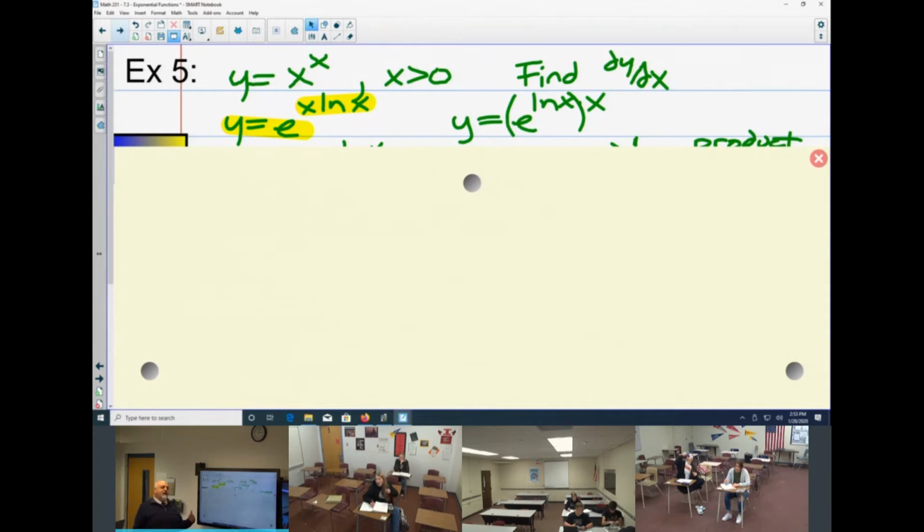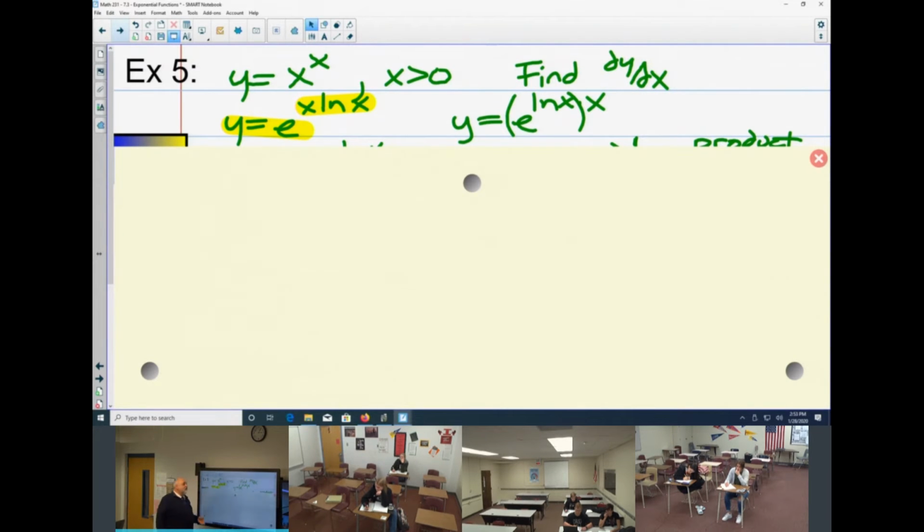I want you to have this exact problem in your notes, so go ahead and take notes on this problem on practice 5. The reason you can get away with this is because, remember, e to the natural log of x just becomes x. The e and the ln sort of cancel. So you would end up with x to the x.